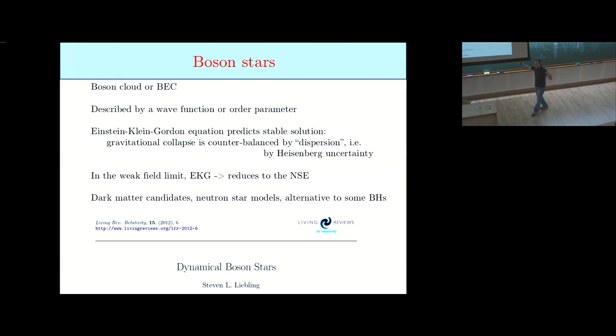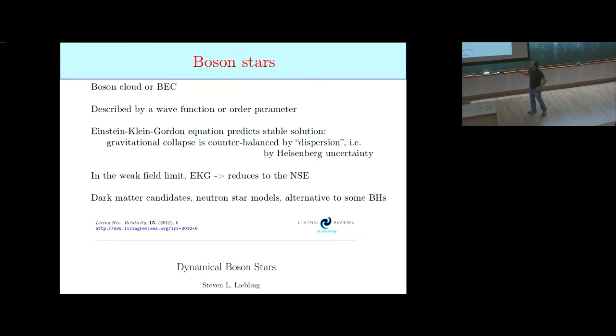As this thing collapses under gravitational force, at a certain point you'll be trying to localize it so that the delta x times delta p greater than h bar condition starts to come into play. So as it collapses, delta x becomes smaller, so the uncertainty in the momentum becomes larger, which will tend to spread the star back out.